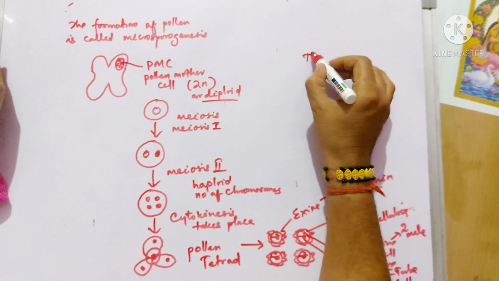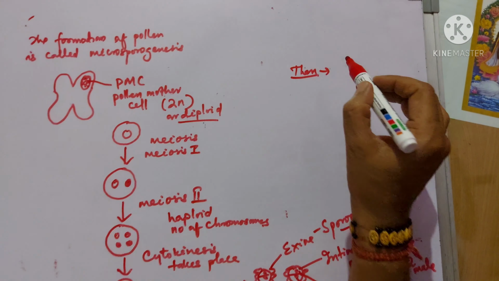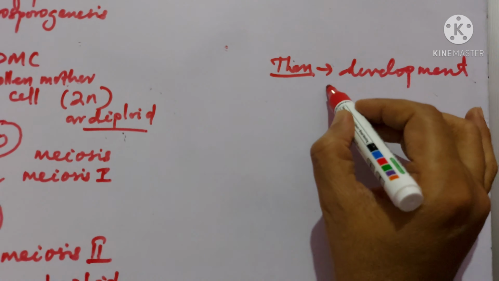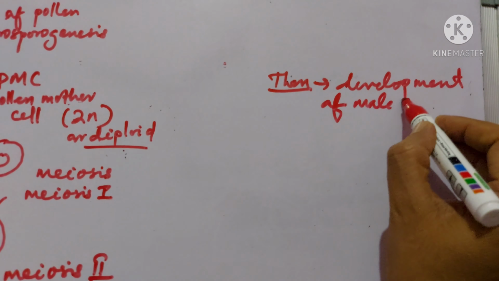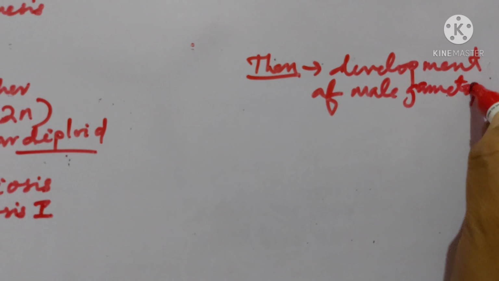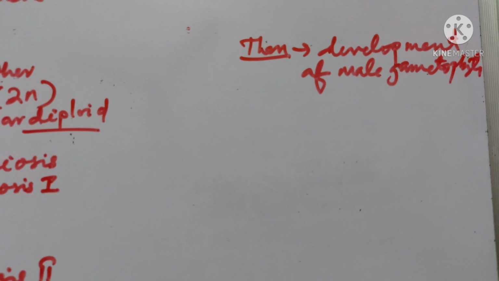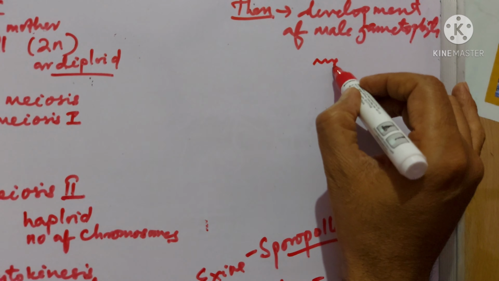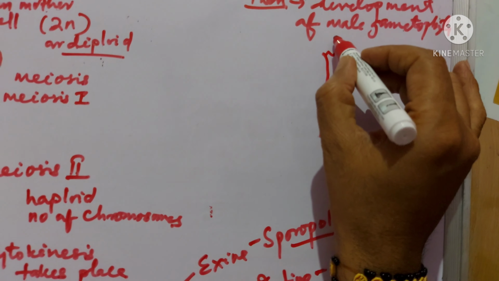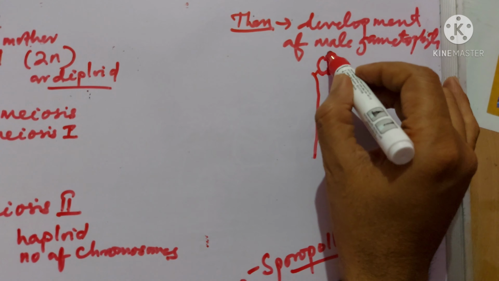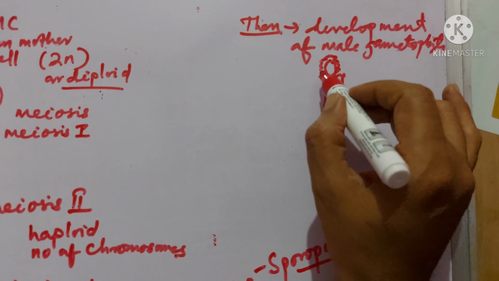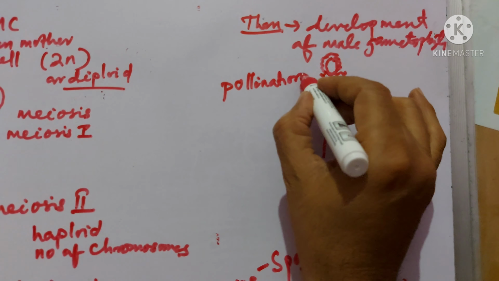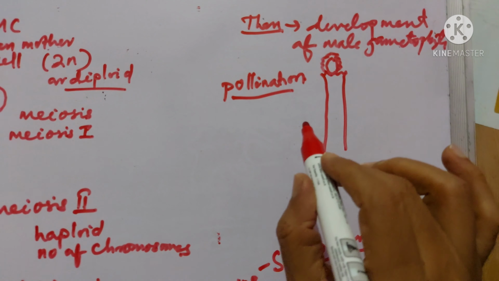Then the next process is the development of the male gametophyte. This male gametophyte development occurs after the pollination process, where normally the pollen falls by the process of pollination. We will discuss pollination in detail later on.